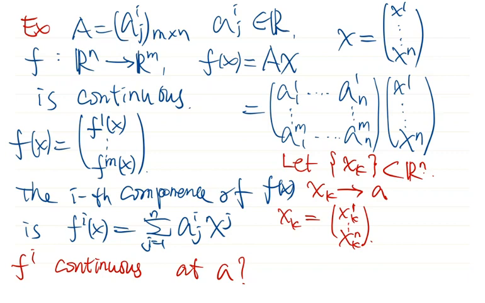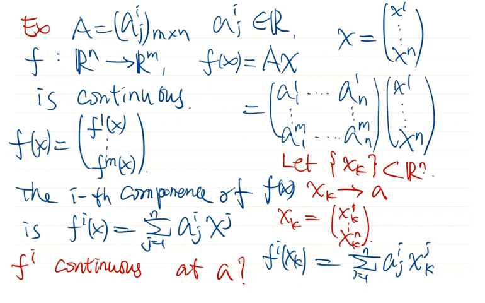So fi(xk), what's this? This is the sum over j from 1 to n of a_ij xjk.